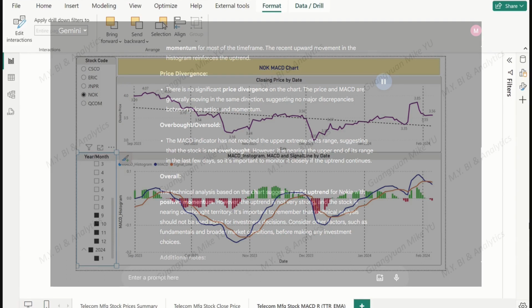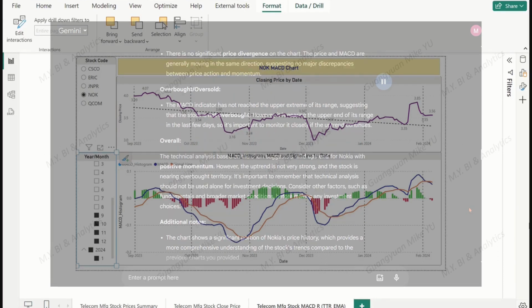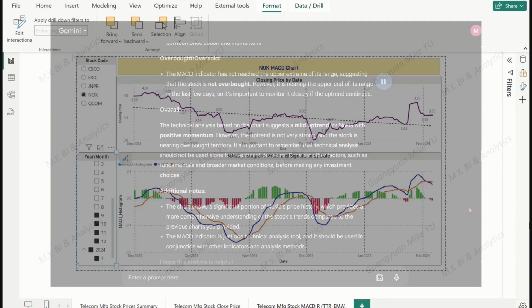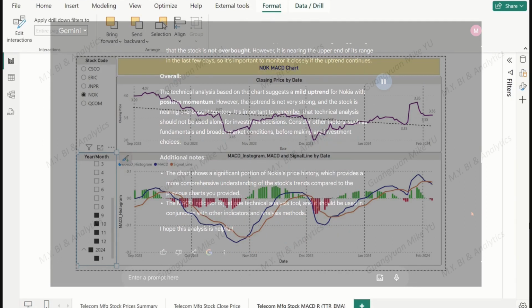Overall, the technical analysis based on the chart suggests a mild uptrend for Nokia with positive momentum. However, the uptrend is not very strong, and the stock is nearing overbought territory. It's important to remember that technical analysis should not be used alone for investment decisions. Consider other factors, such as fundamentals and broader market conditions, before making any investment choices.